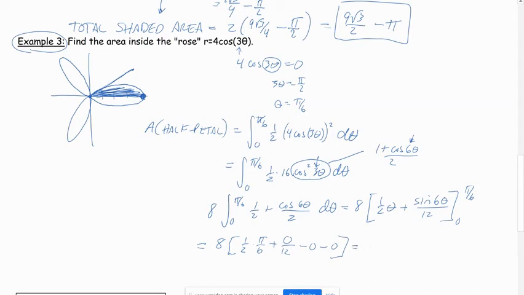And so we just end up with 8 pi over 12, which is 2 pi over 3. And then if we multiply that times 6, the area inside the entire rose is 6 times 2 pi over 3, which is 4 pi.